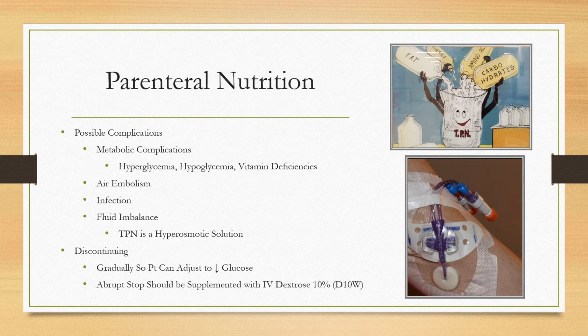So we do it very gradually to allow the body to adjust to a lower load of glucose as the flow rate is declining. And remember, have IV dextrose at the bedside in case the TPN runs out or the line becomes kinked and there's no TPN being administered, and the patient may become hypoglycemic.